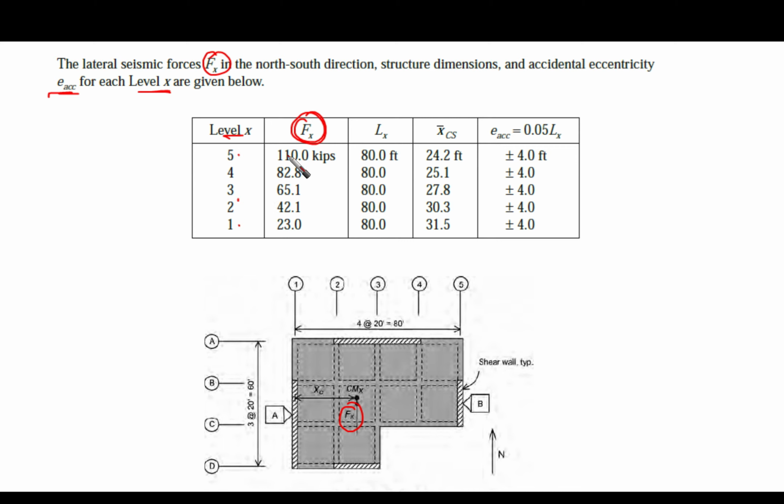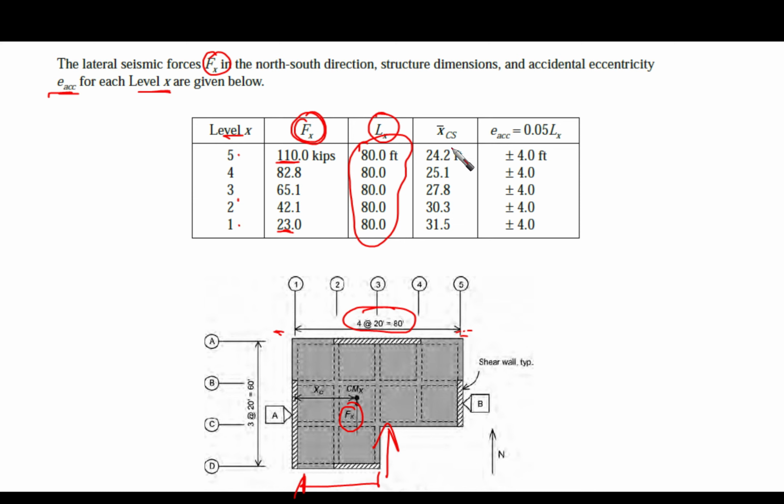These forces are 23 here and end up with 110 at the top. Lx is the dimension perpendicular to these forces. This is 80 because we are talking about this direction, so it is 80 for all floors. We are talking about the maximum perpendicular length, not this one.